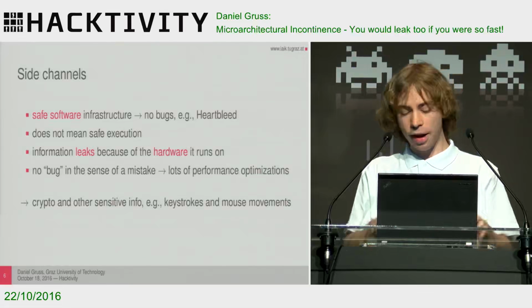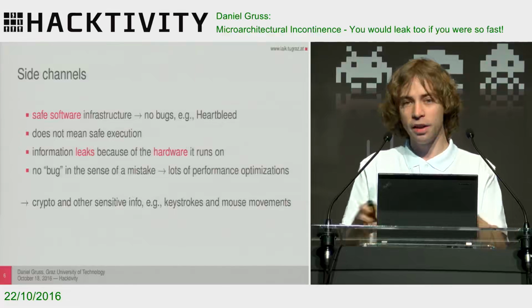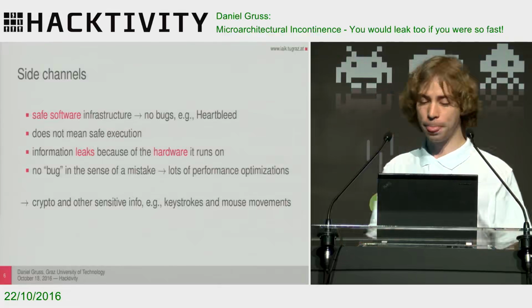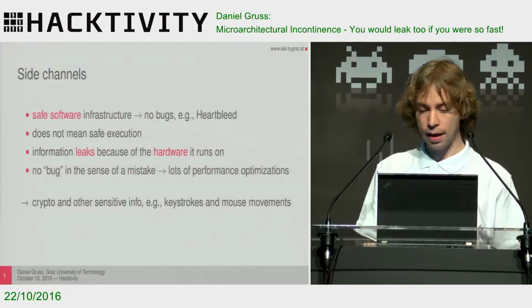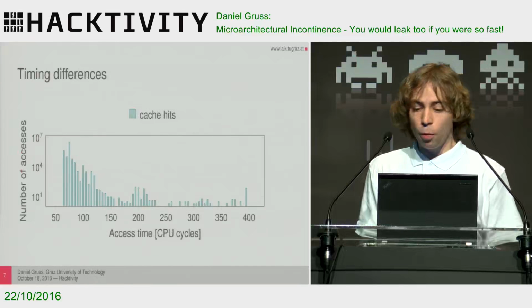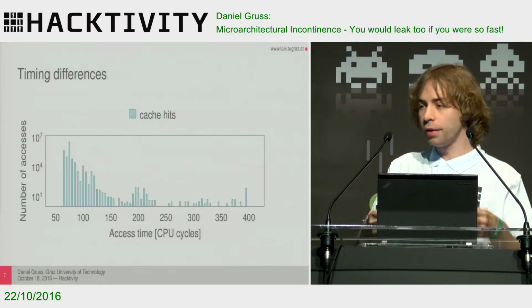If you imagine I type a password and you know the length of the password, or you can even single out some digits, that would be a bad thing, and mouse movements might also be bad to observe if you can do that. We will start with timing differences. All the attacks I do start with the timing differences.